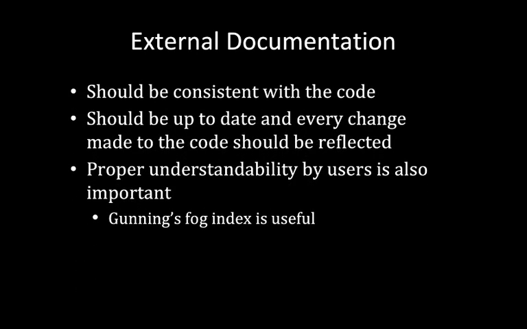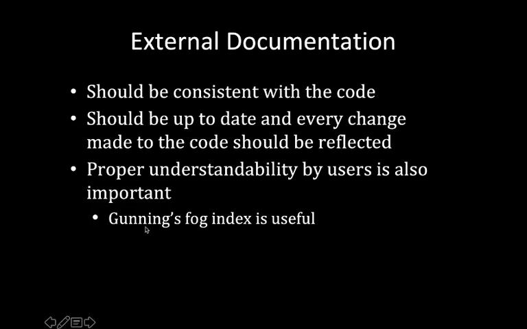Then external documentation. We have different types of external documentation like SRS and all. It should be consistent with the code, should be up to date, and every change made to the code should be reflected. Proper understandability by users is also important. So if we are preparing a document, that should be understandable to the user, any type of user.